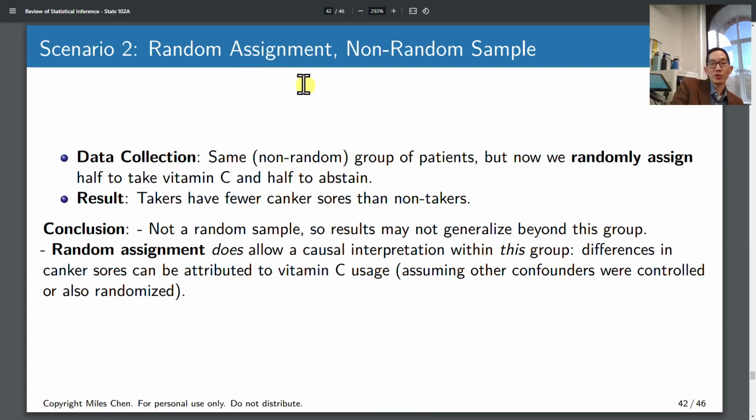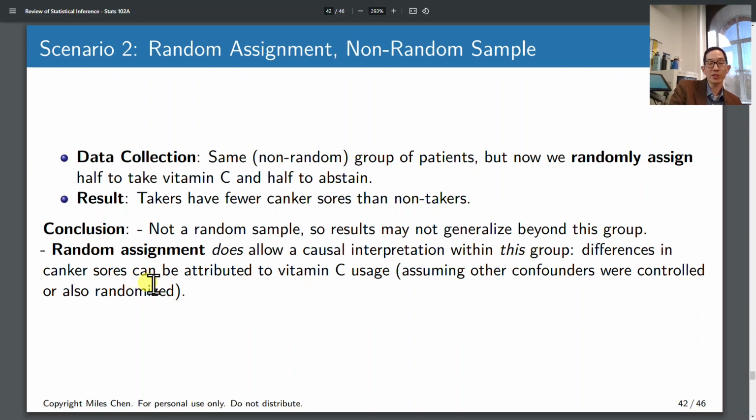Let's say we do use random assignment, but we have a non-random sample. So we have the same kind of non-random group of patients, but now we randomly assign some of them to take vitamin C, and we tell some of them don't take vitamin C. Again, same results: those who took vitamin C have fewer canker sores than non-takers. This isn't a random sample, so again, we can't generalize beyond this group, but the random assignment does allow us to make causal inference for this group.